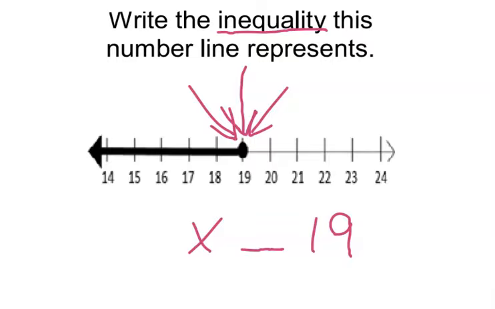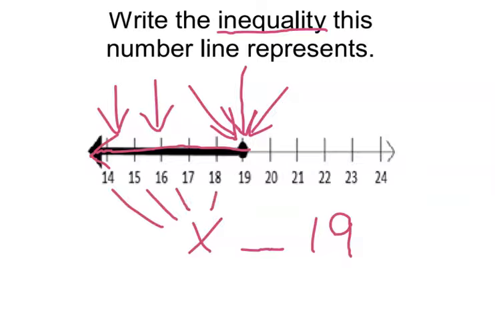All right, then the other part is these numbers to the left. Are they larger than 19 or smaller than 19? Well, all of these numbers are less than 19. So any of these numbers you can put in for x, those are all going to be less than, and in this situation, equal to 19.